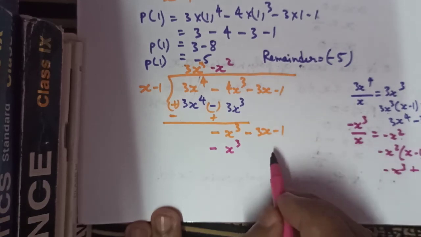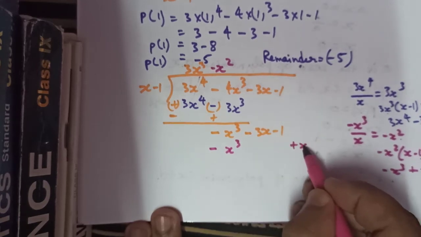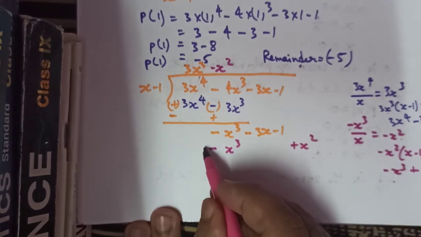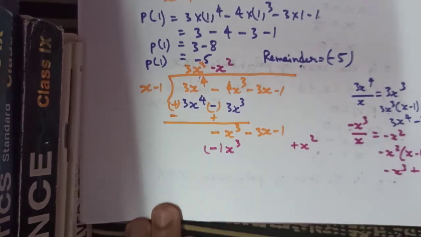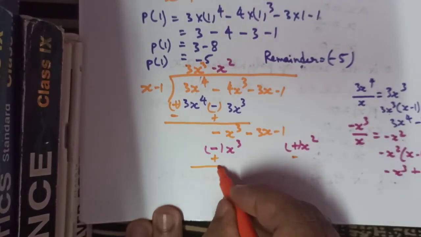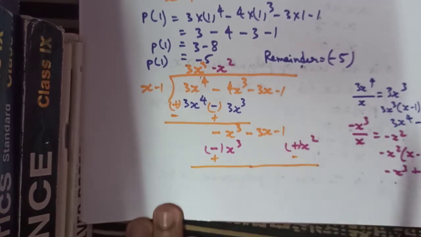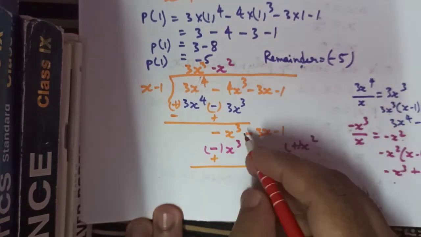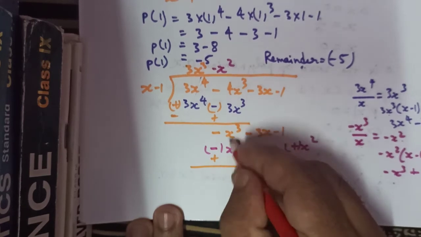So we will write this plus x square here. Again the change of sign will take place, and we get plus here and minus here. So we can just solve this. This minus x cube plus x cube will cancel out.